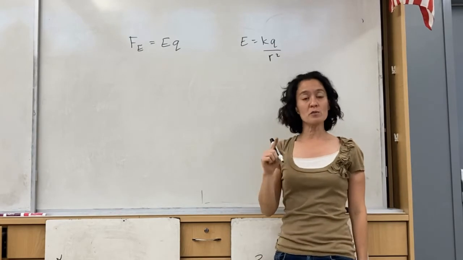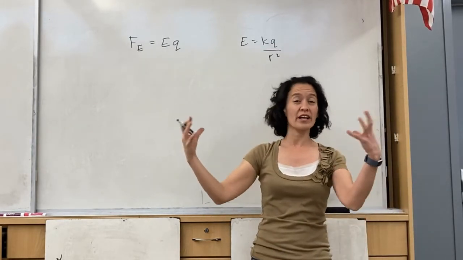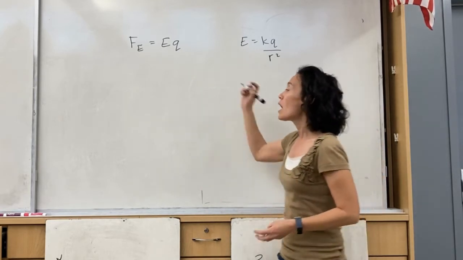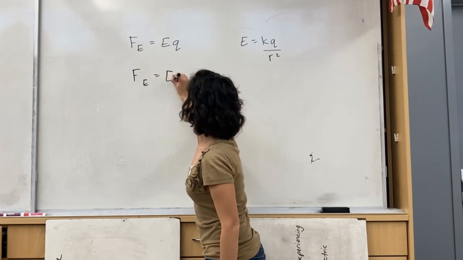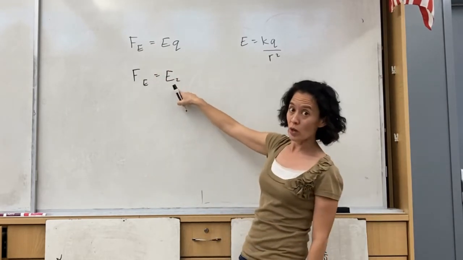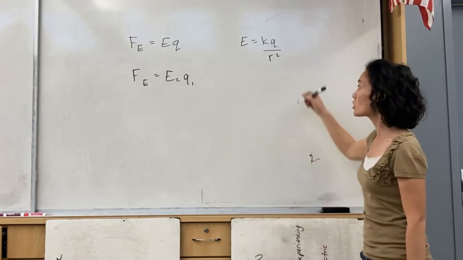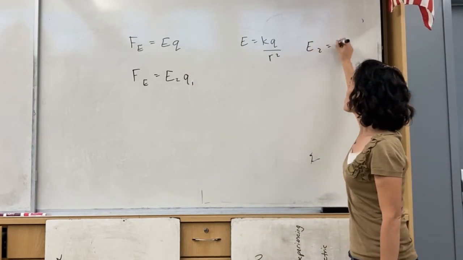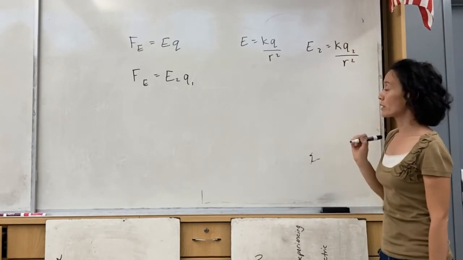But now we need to be specific because we're saying I've got a charged particle and I have some other external electric field. So I'm going to rewrite this and say that Fe is an external electric field. So I'm going to call it E2 acting on charge 1. So if it's E2, then this would be specifically KQ2 over R squared.